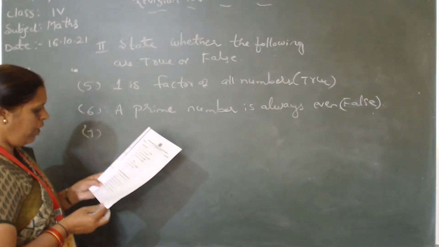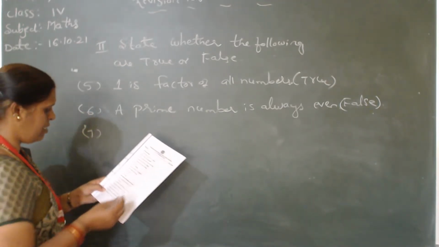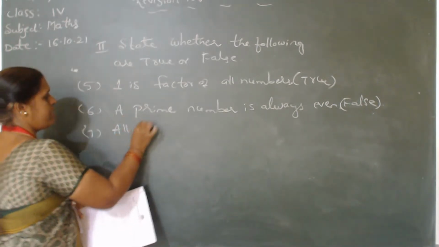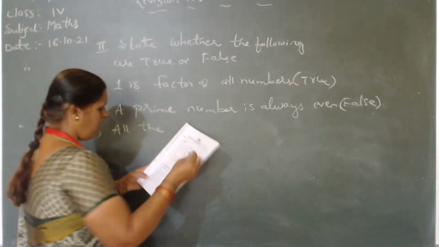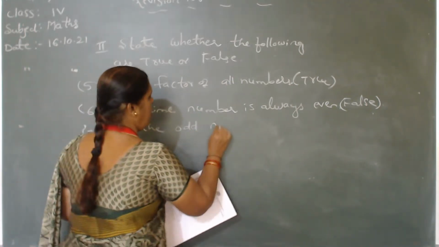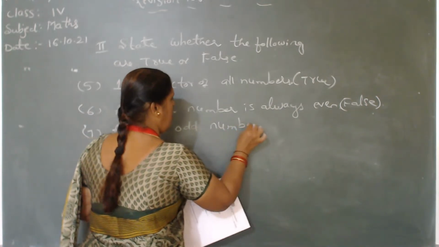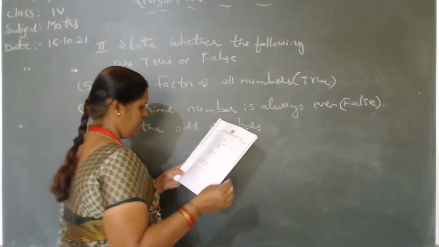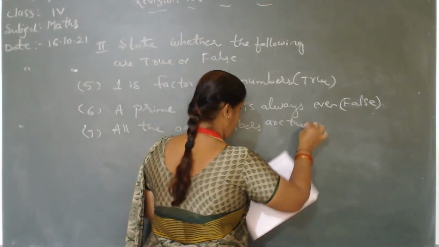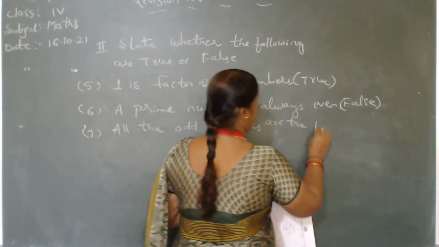All the odd numbers are prime numbers. Wrong, for the same reason.